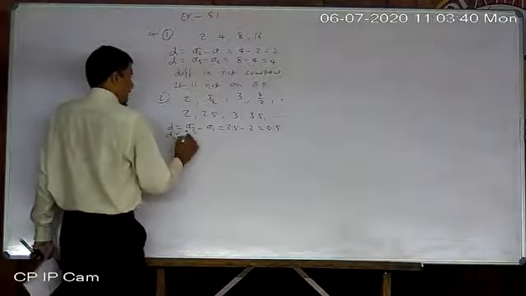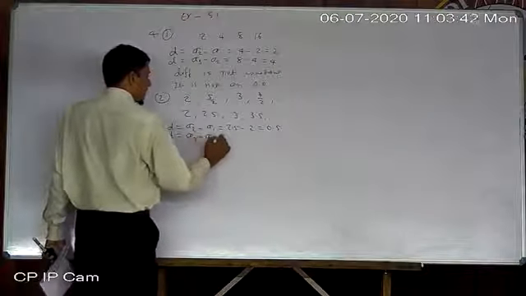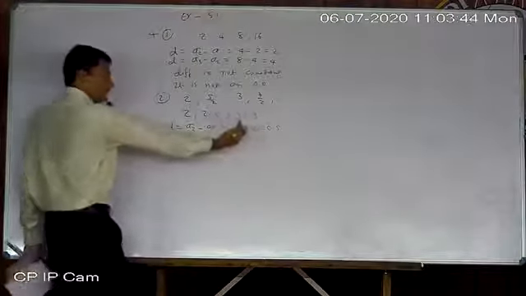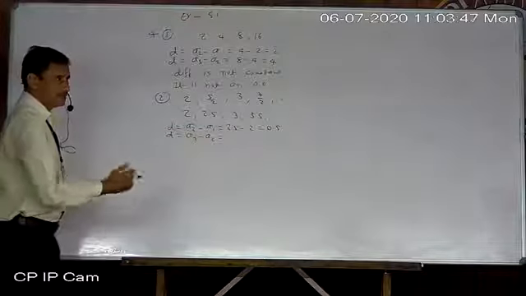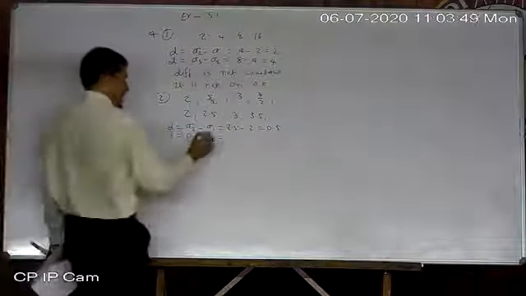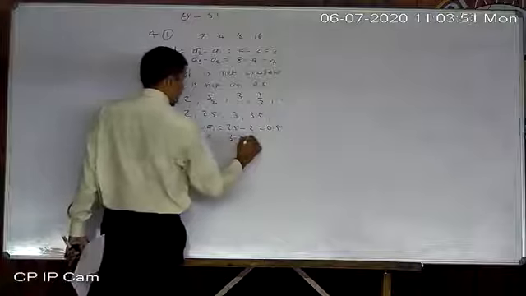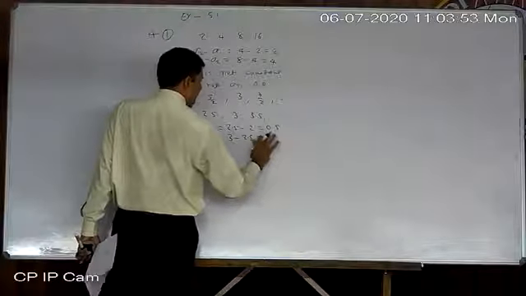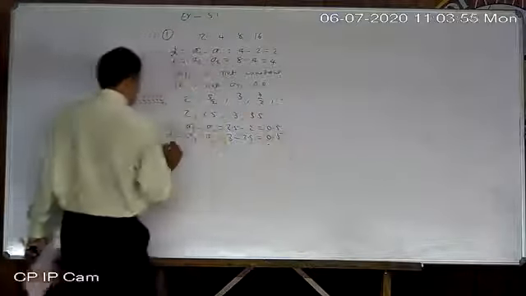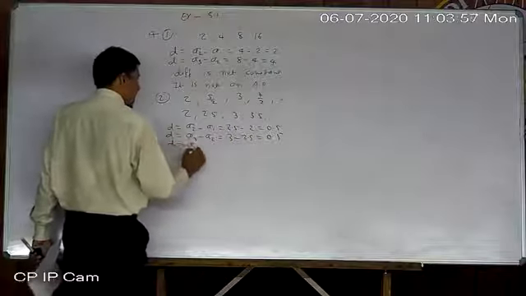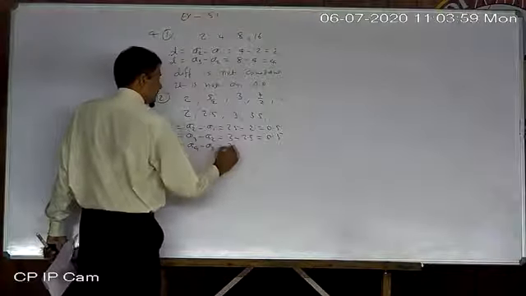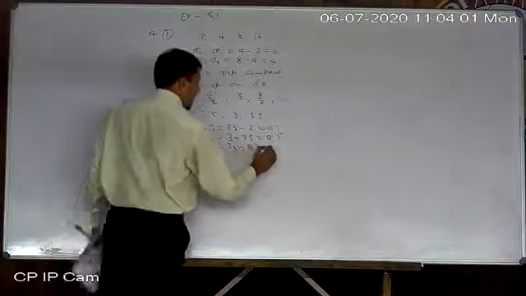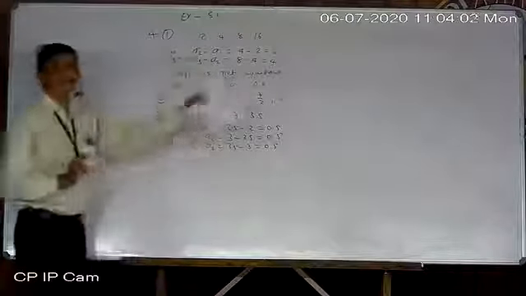Same way, A3 minus A2. Always right term minus left, not in reverse order. So it is 3 minus 2.5, it is again 0.5. Now A4 minus A3 is equal to 3.5 minus 3, equal to again 0.5.